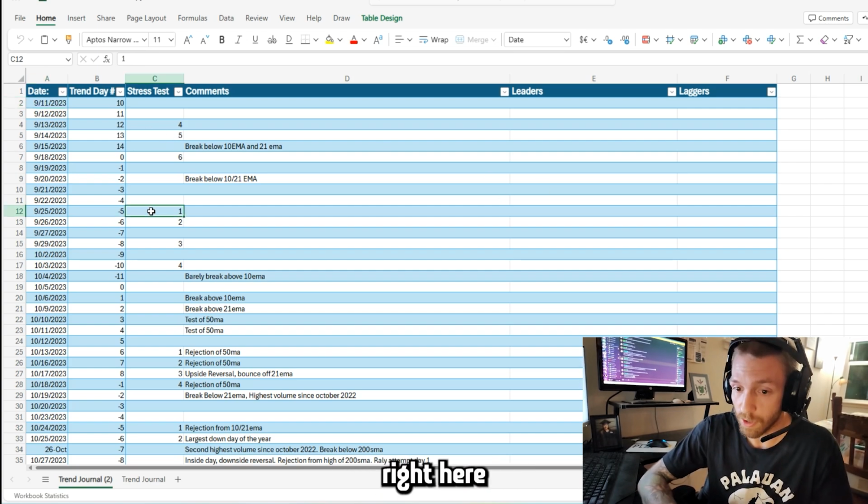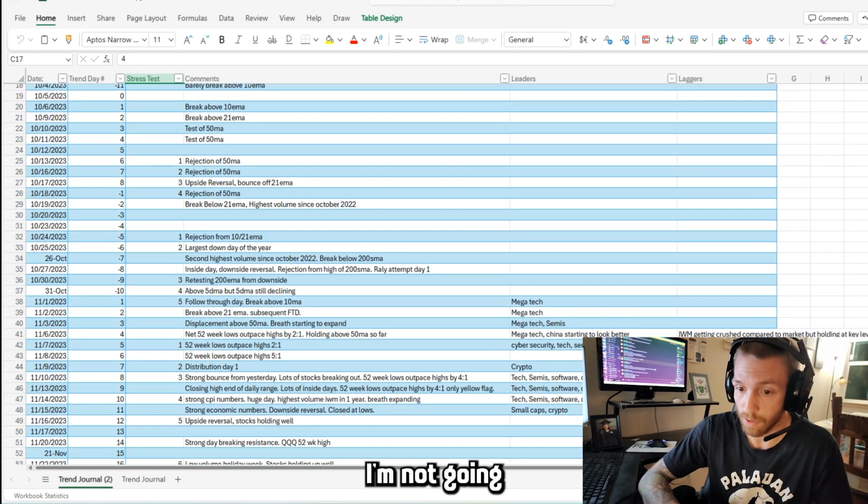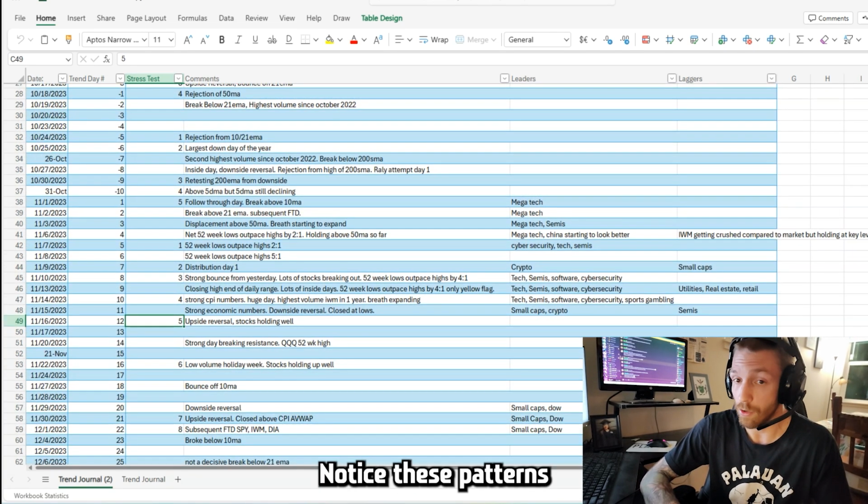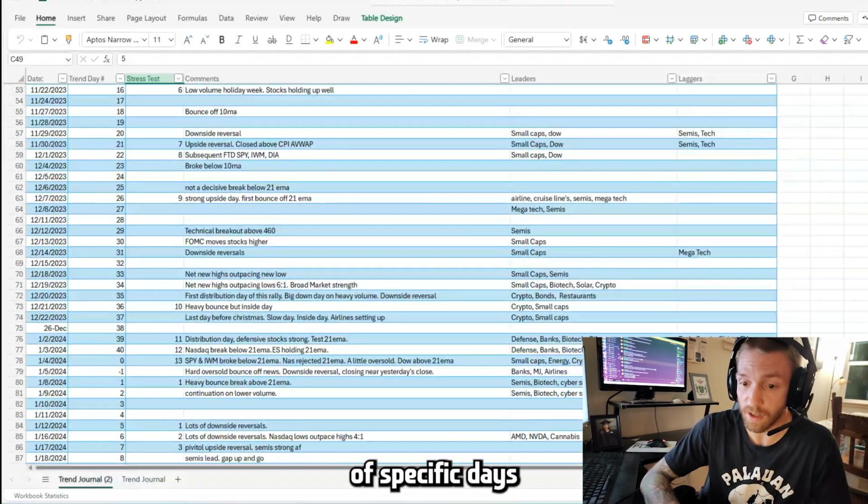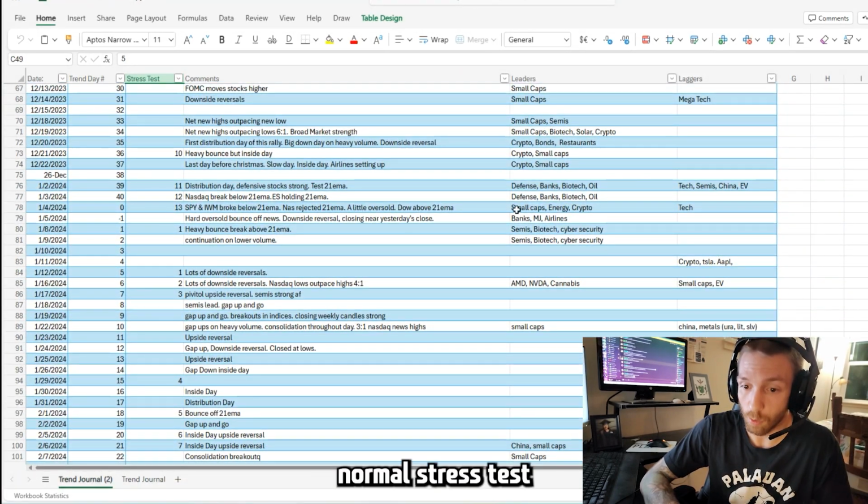So you can see right here, day 4, day 5, 6, stress test. Day 10, stress test. And I'm not going to go through every single one of these. Day 6, stress test. Day 5, -5, stress test. Day 5, stress test. Day 10, 12, stress test. Notice these patterns of specific days as we go that we have normal stress tests.